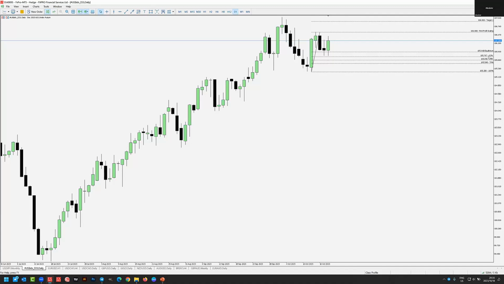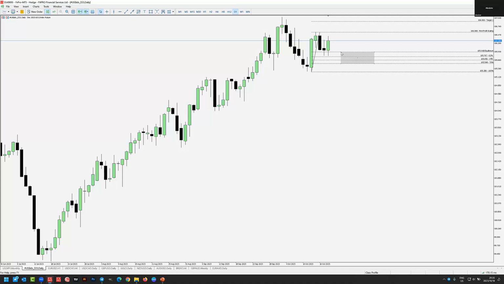Then we've got the 62% retracement level, from 79 all the way to the equilibrium point. The equilibrium point is the middle part of the low and the high. So that's the 50% retracement level.